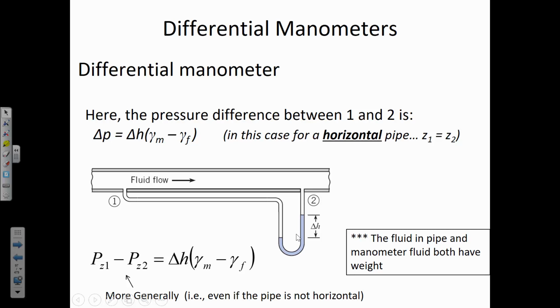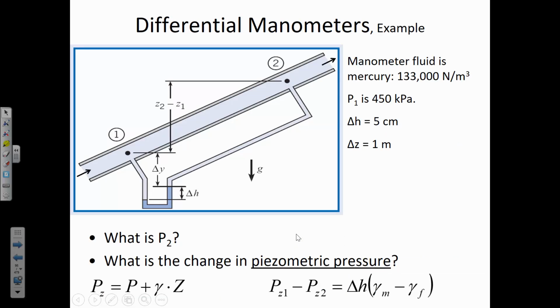And the reason that's important is because pressure changes not just because of pipe friction, but also because of elevation. That's the whole point of the hydrostatic equation, right? When you go down in a fluid, the pressure increases. When you go up through the fluid, the pressure decreases. And so pressure changes for two reasons in a figure like this.